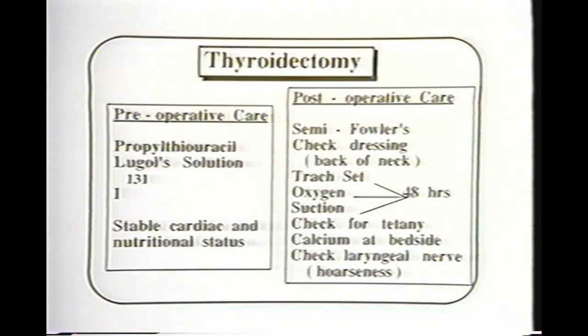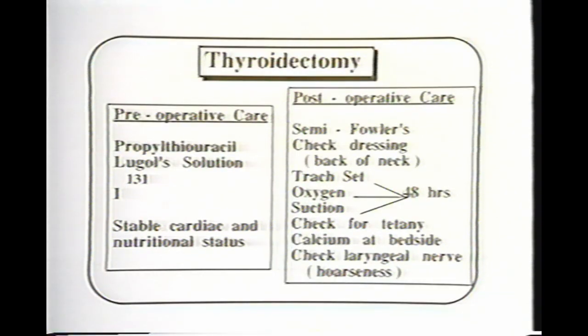Let's take a look at another slide here that kind of summarizes the care of the thyroidectomy patient. If you look at this slide, you can see in the preoperative the things that we talked about earlier, that you'll give PTU, propylthiouracil, or Lugol solution. Now, Lugol solution we didn't mention earlier, but this is a supersaturated potassium iodide solution.